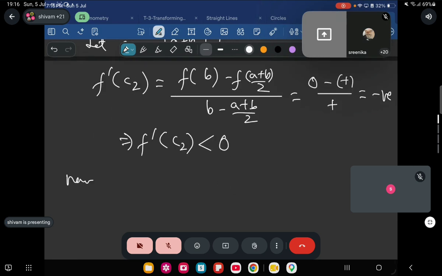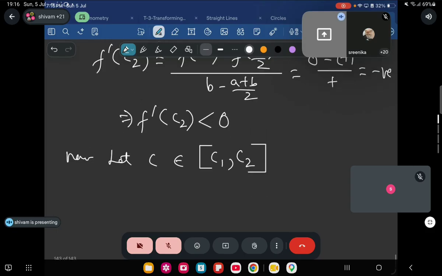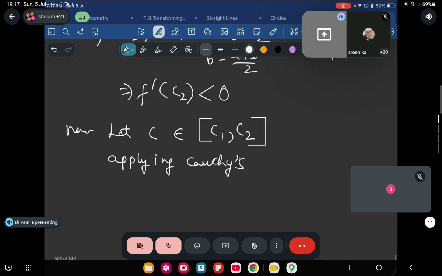Now let c belong to (c1, c2). Now applying Cauchy's over here, what do we get? Cauchy's on f of x.